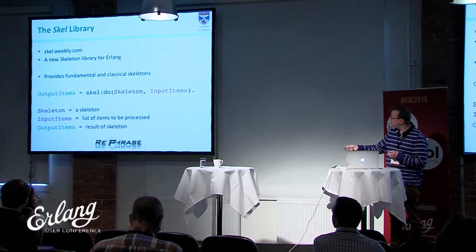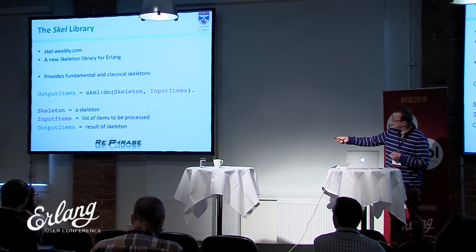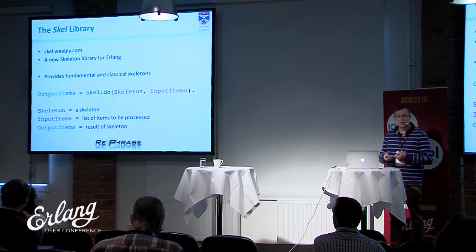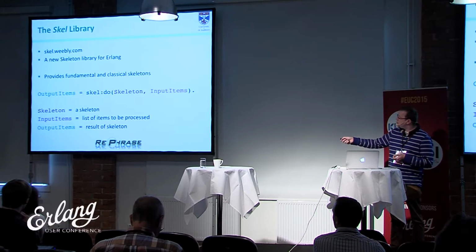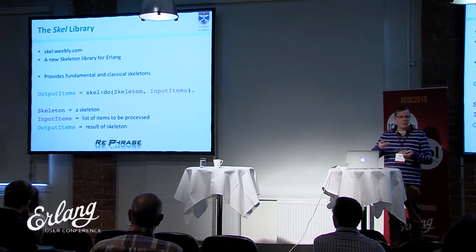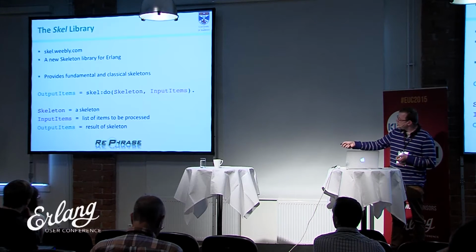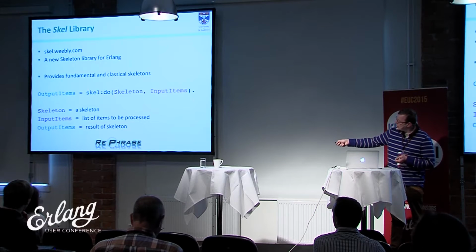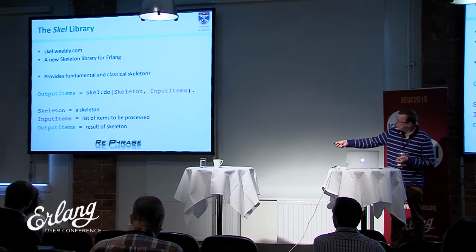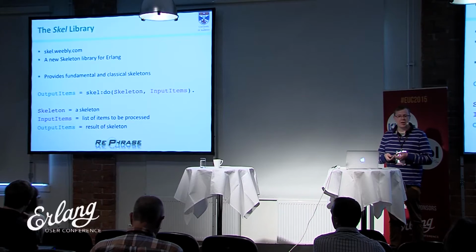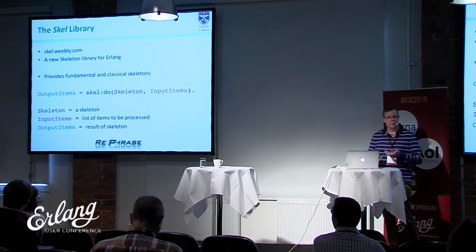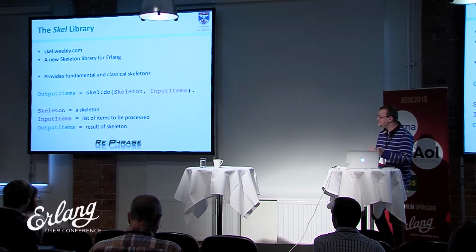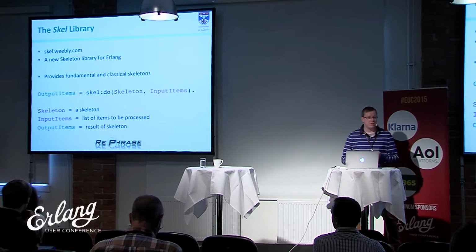Very simple. The input items are basically the tasks that he wants to work on in the pattern. These could come from a list, they could come from messages being sent in, and so on. And then the result of the parallel computation, the parallel pattern, is the output. Again, this could be a list, or it could be streamed, so it could be messages sent out from the pattern. So it's very simple to use.